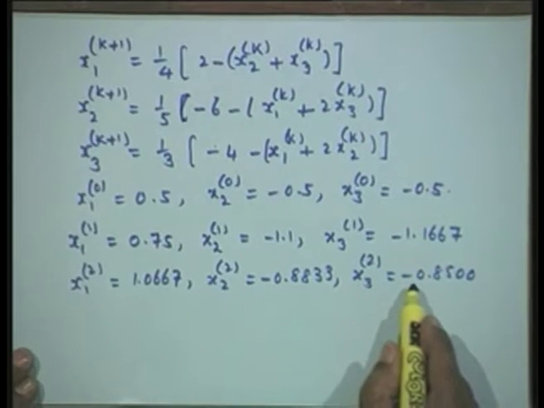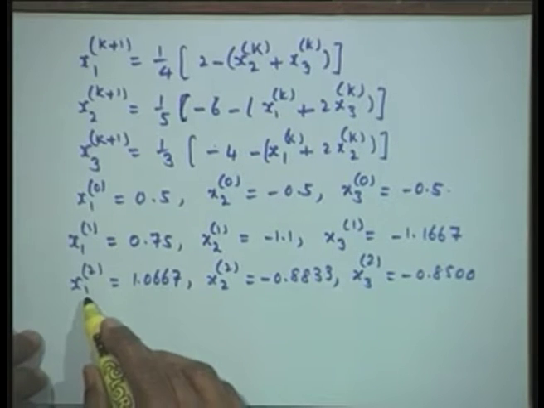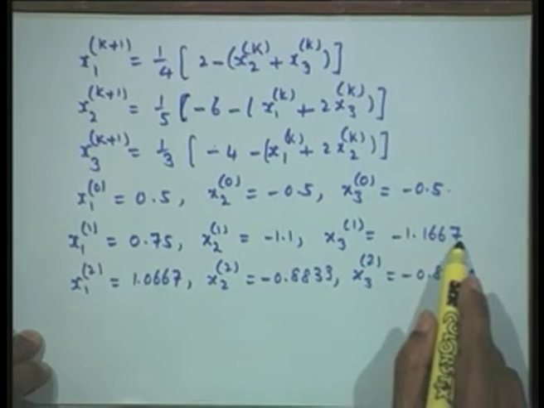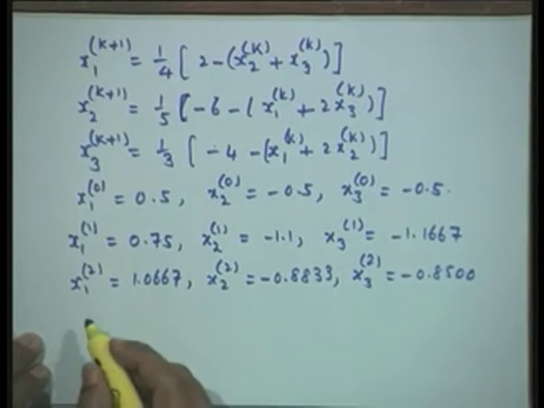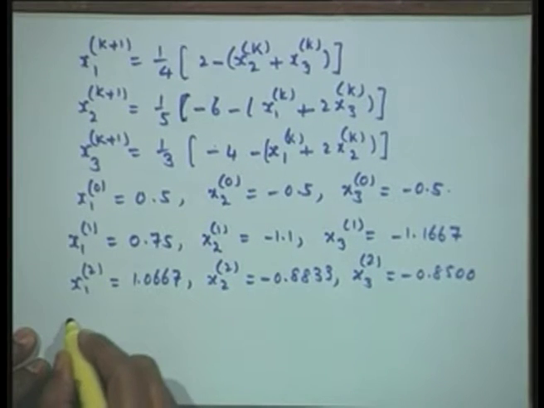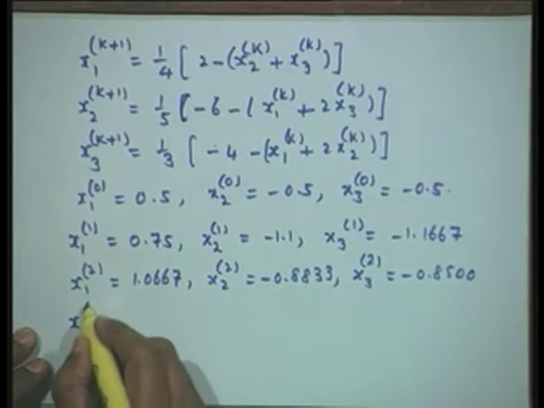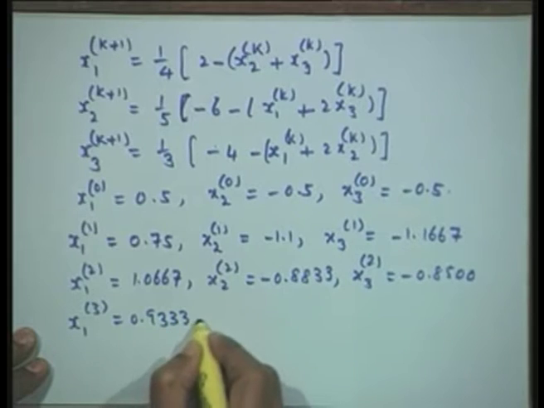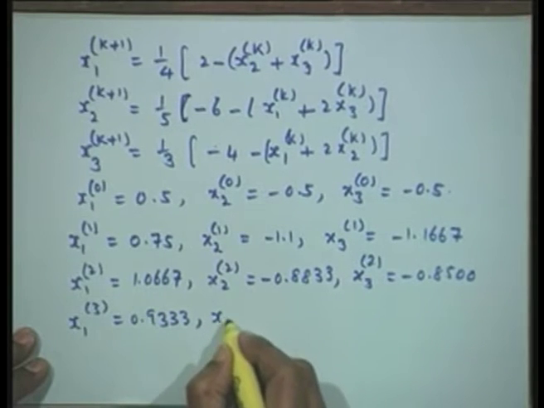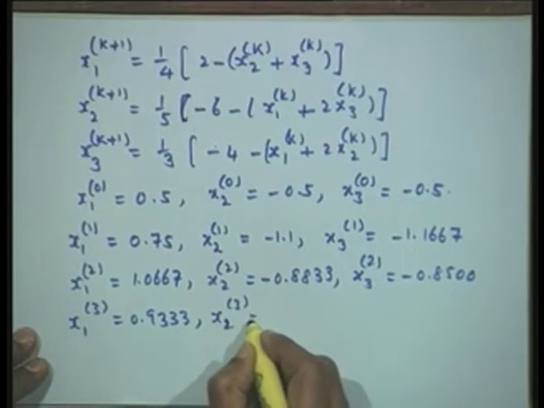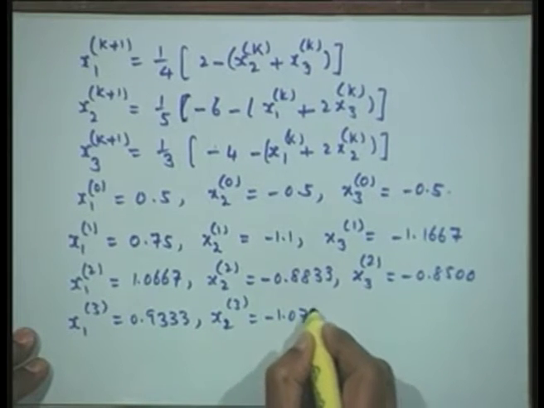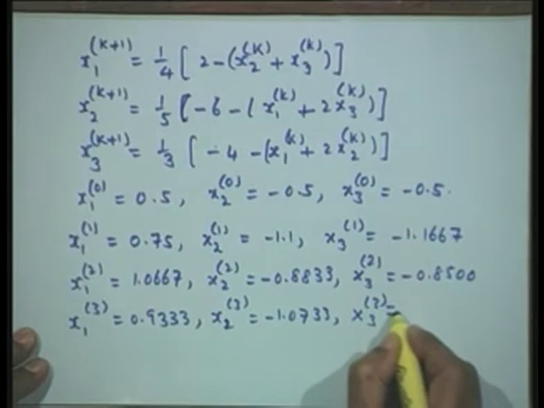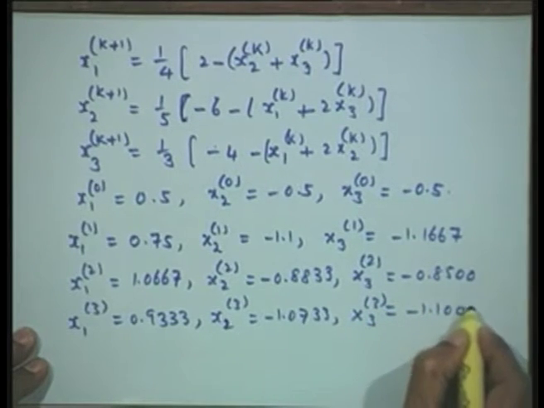This completes the second iteration. We have got the values of x1 of 2, x2 of 2, x3 of 2 using this set of values, and the third iteration gives x1 of 3 is 0.933, x2 of 3 is minus 0.733, x3 of 3 is minus 1.00.